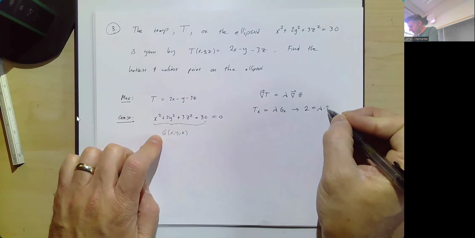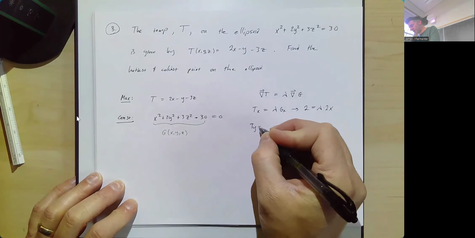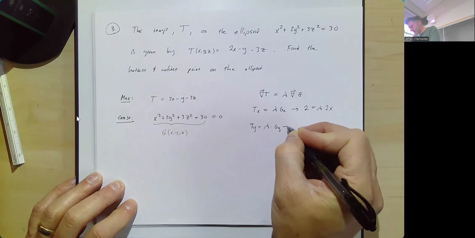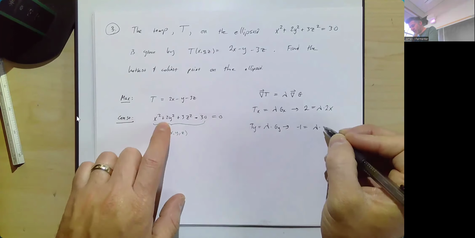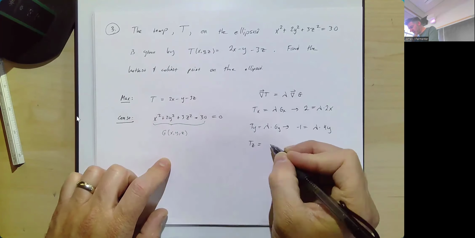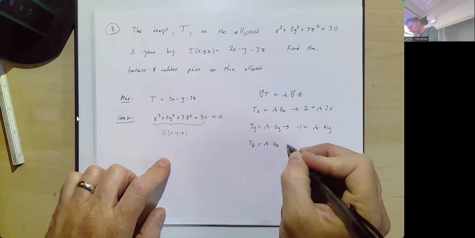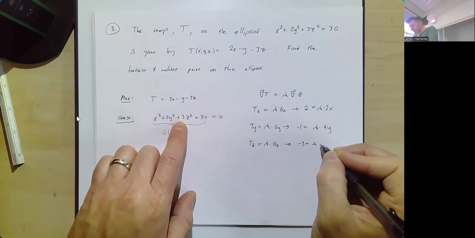Thank you, yes. Don't let me get away with things like that. Ty equal to lambda times Gy is going to give us -1 equal to lambda times 4y. And finally, Tz equal to lambda times Gz is going to give me -3 equal to lambda times 6z.